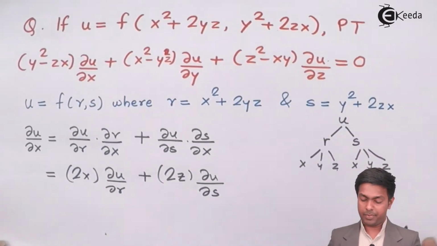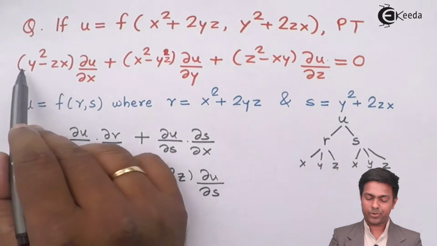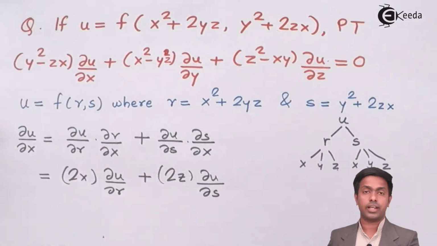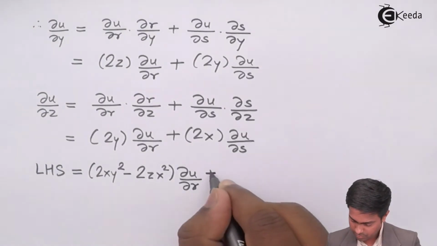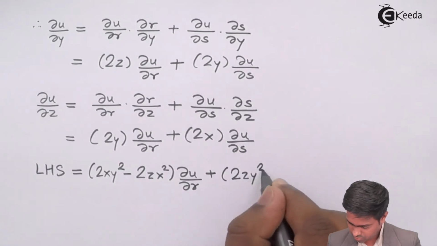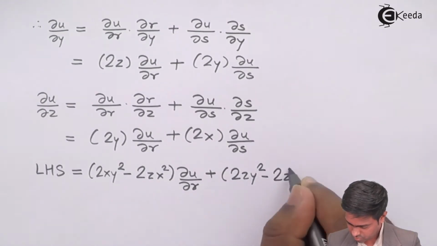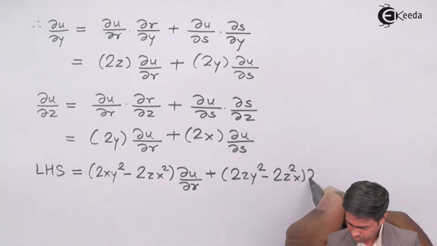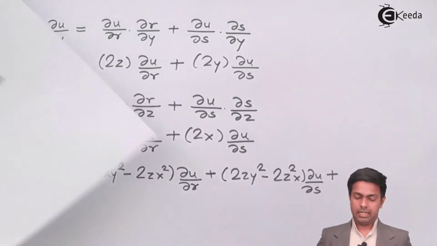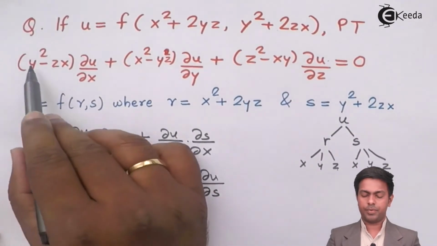Similarly, we will multiply this second term with y square minus zx. So we will get 2zy square minus 2z square x. So the first term is over.